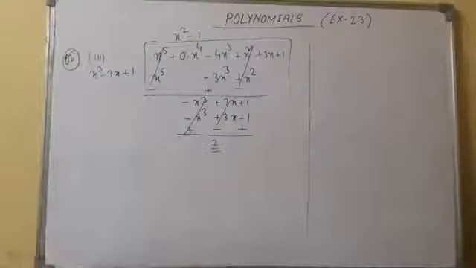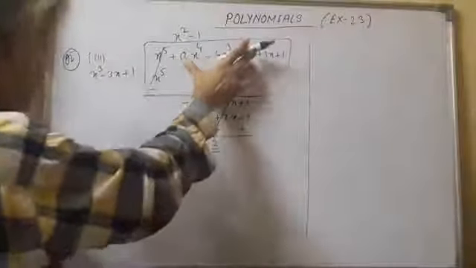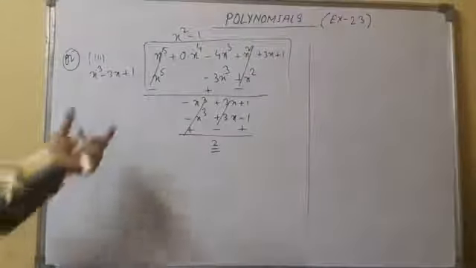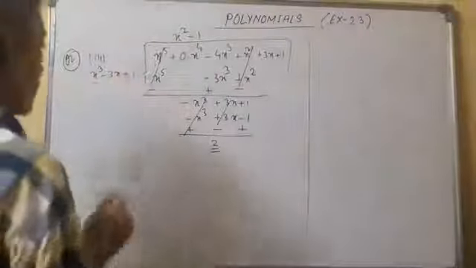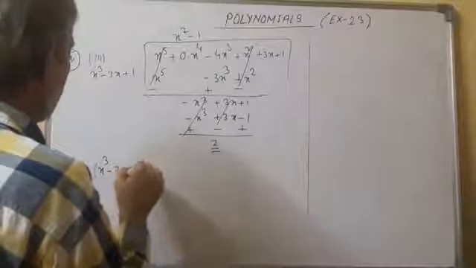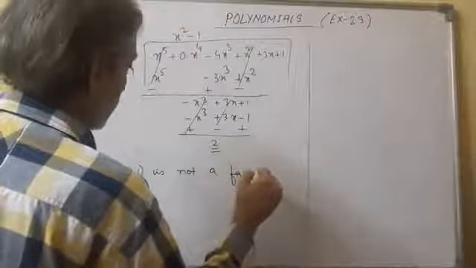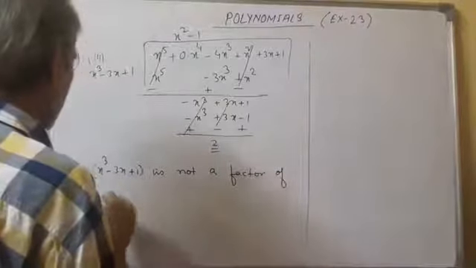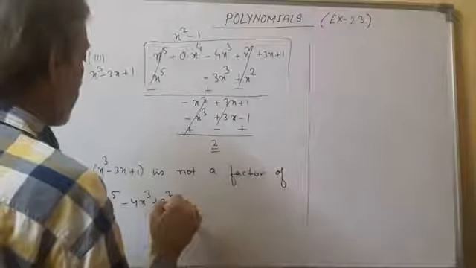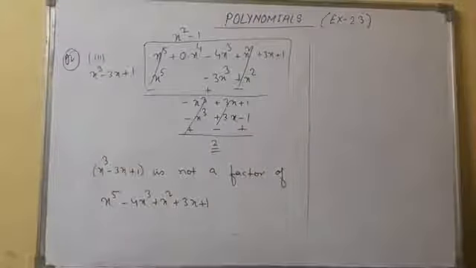Now since we are getting 2 as remainder, therefore this polynomial is not fully divisible by this, and therefore this is not a factor of this.